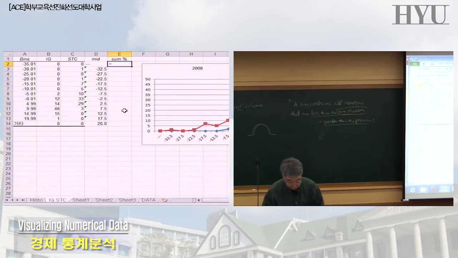Equal to this one, enter. And then here you know what to do. Equals this one plus this one, enter. And the rest you can copy the formula by dragging it down.